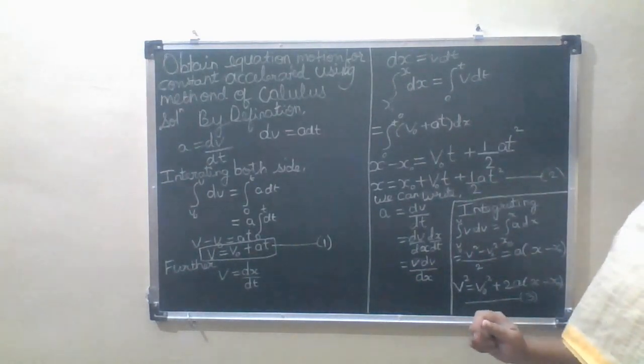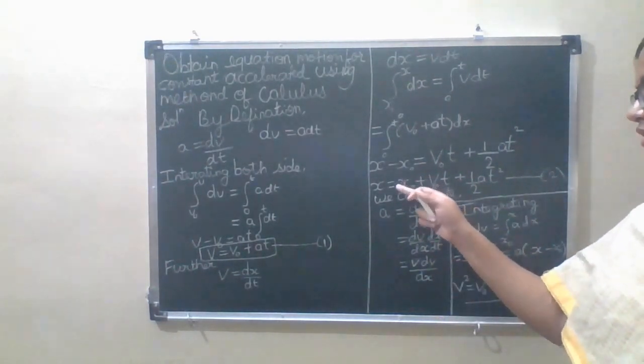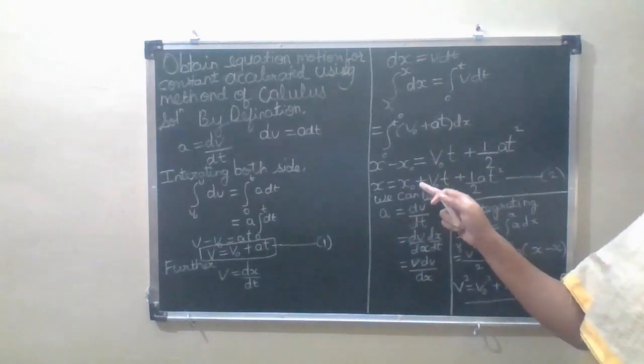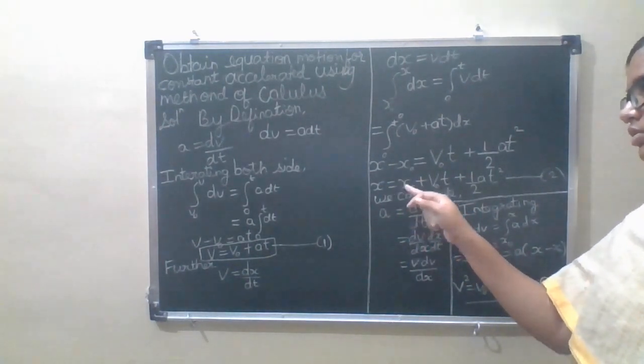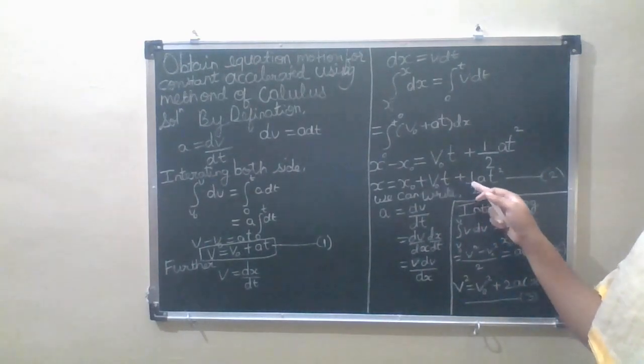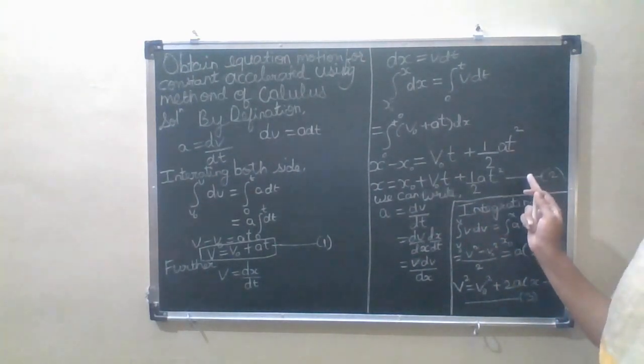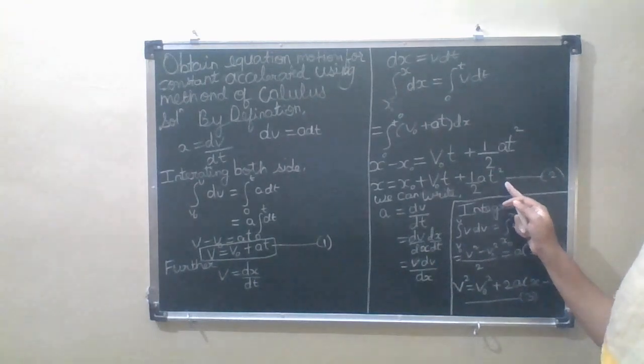So x is equal to x0 plus v0 t plus 1 by 2 at square. This is the second equation of motion.